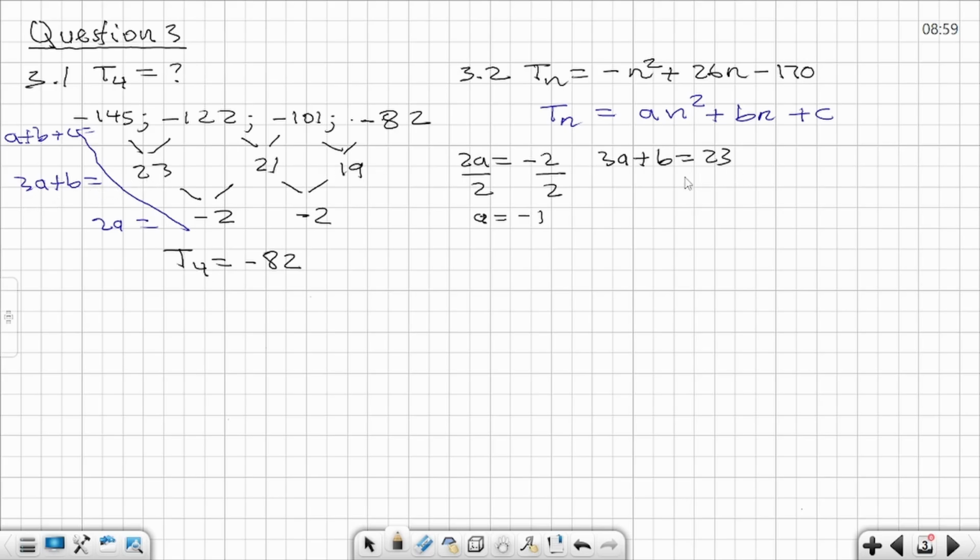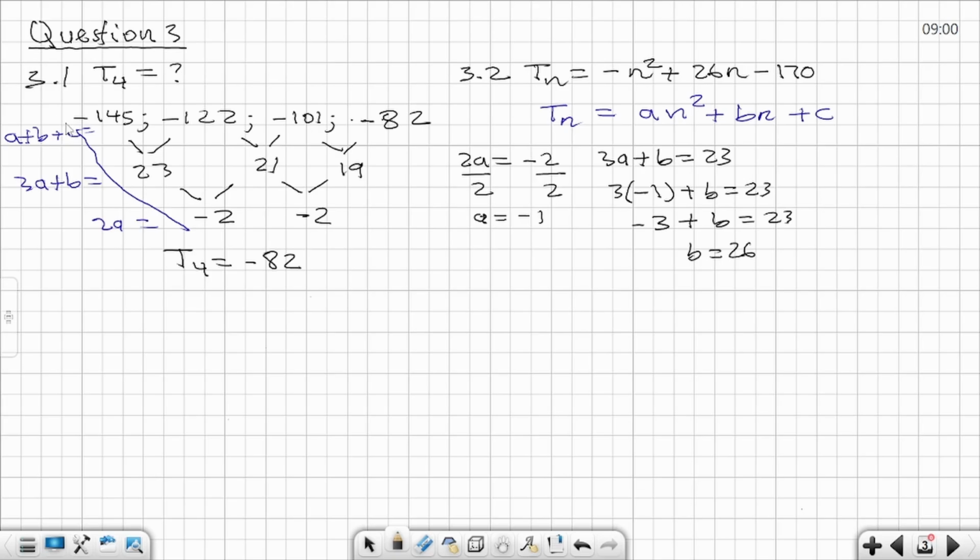Now you have 3 times a, where a is negative 1, plus b is equal to 23. This gives you negative 3 plus b equal to 23. So b is equal to 23 plus 3 when the negative 3 moves from left to right. So b is 26.